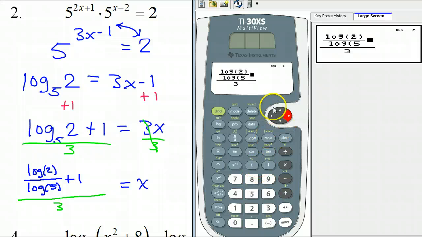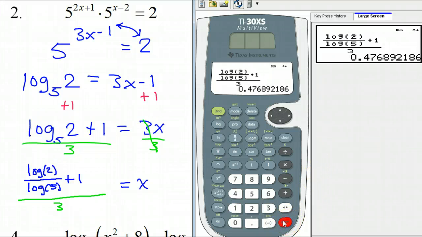And then plus 1. Okay, kabam. So you have 0.48, round up.